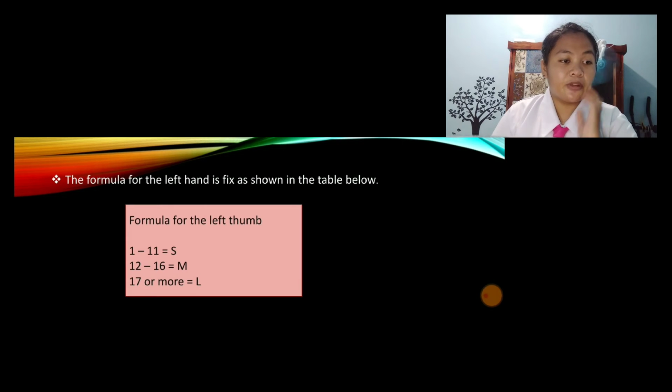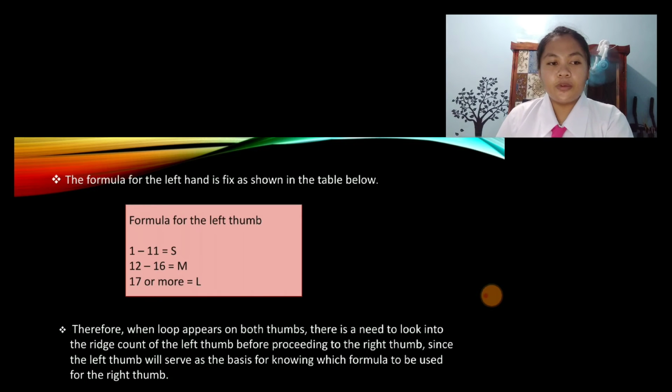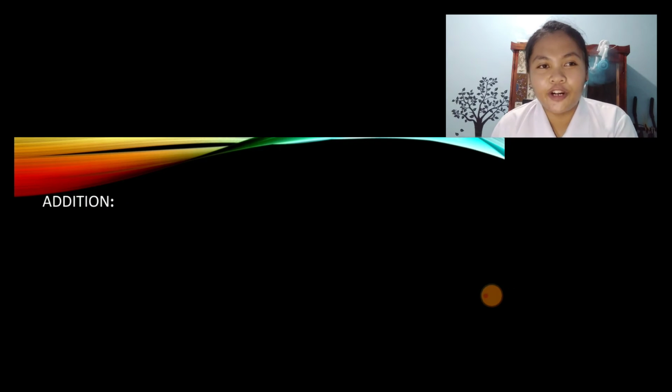Therefore, when a loop appears on both thumbs, there is a need to look into the ridge count of the left thumb before proceeding to the right thumb, since the left thumb will serve as the basis for knowing which formula to be used for the right thumb.